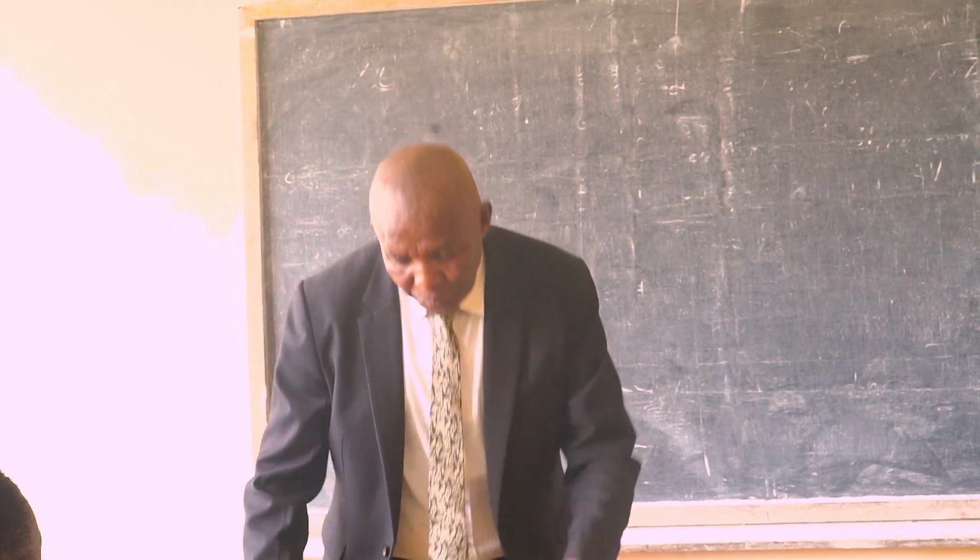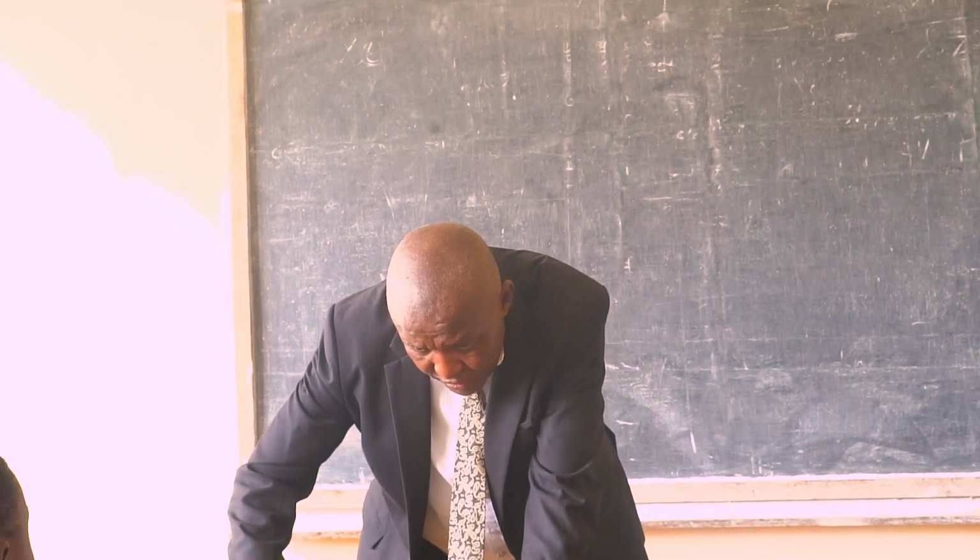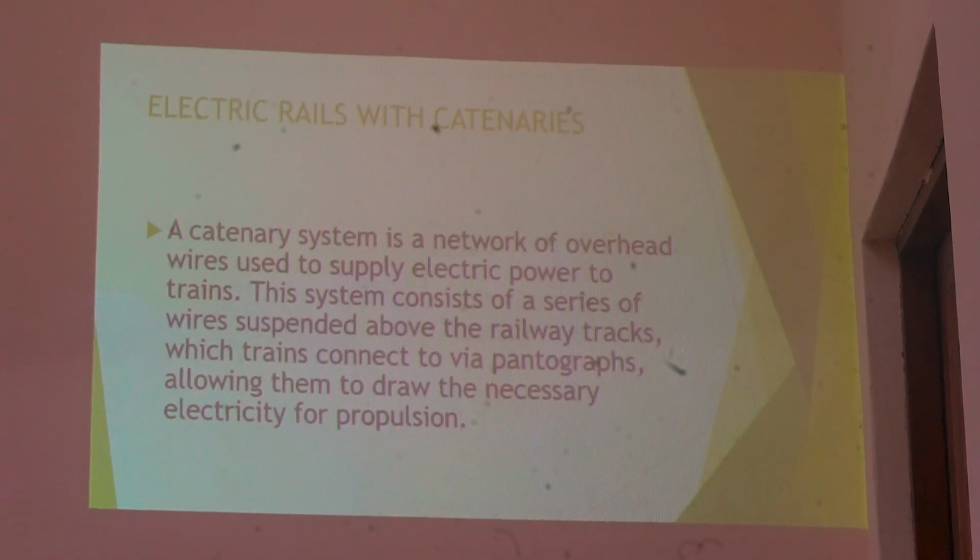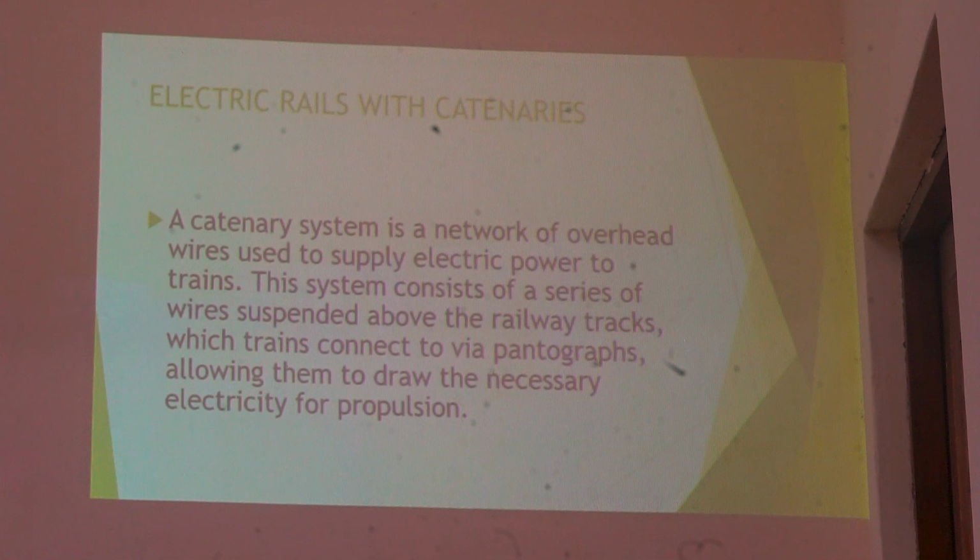A catenary system is a network of overhead wires used to supply electric power to trains.